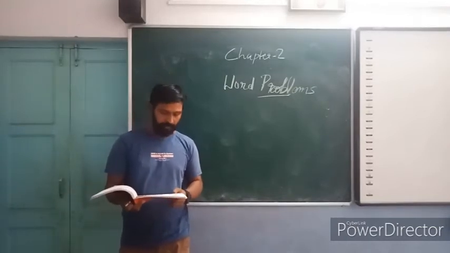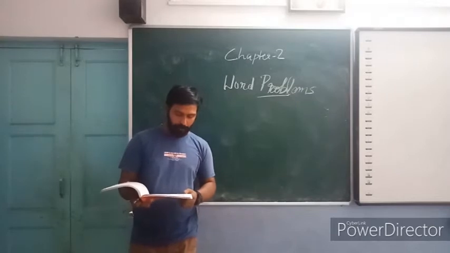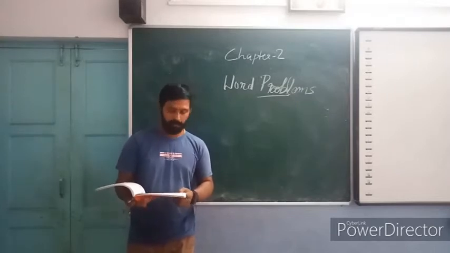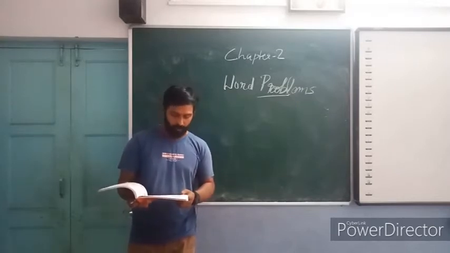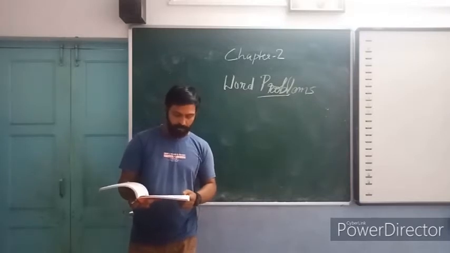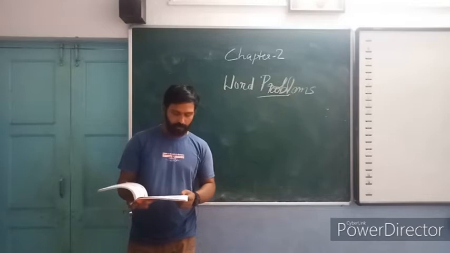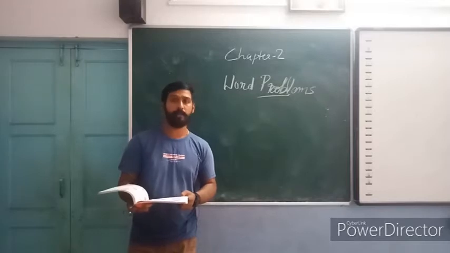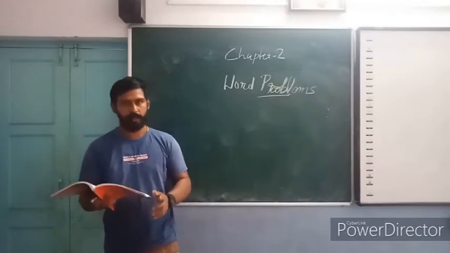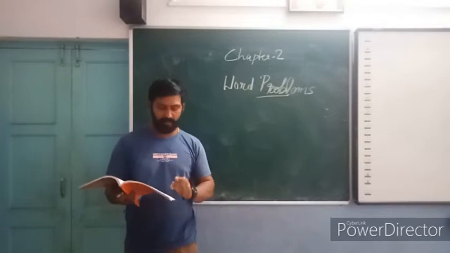So the question given is, a cricket bat costs 526 rupees, a ball costs 135, and a stump costs 260 rupees. How much will all the three items cost together? So listen, my dear students, we have been given three things here.